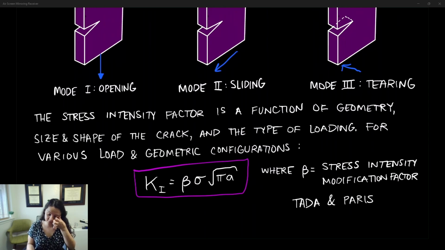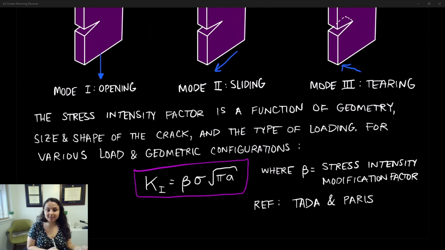I'll put the full reference in the description, but this is a really thick textbook. It's maybe like this thick, full of different stress intensity modification factors. All right, so that's how we find our stress intensity factor for our particular loading scenario.